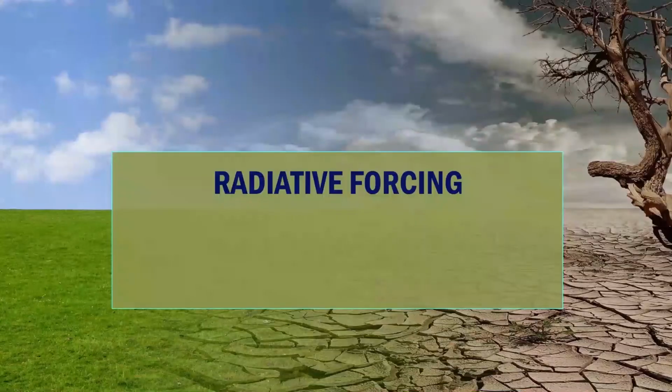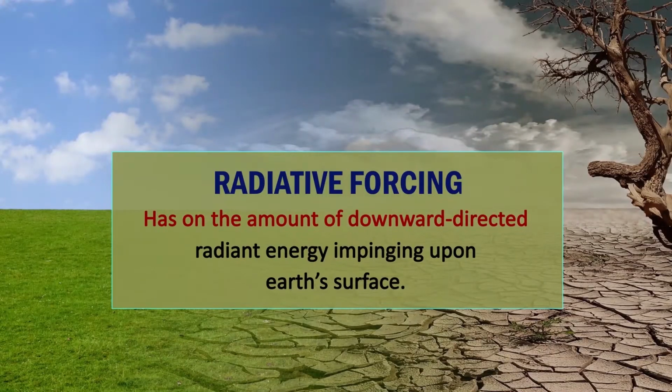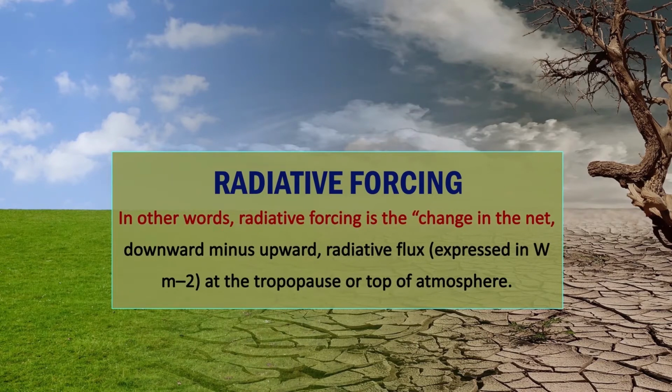The Intergovernmental Panel on Climate Change defines the radiative forcing concept as a measure of the influence a given climatic factor has on the amount of downward directed radiant energy impinging upon the Earth's surface. In other words, radiative forcing is the change in the net downward minus upward radiative flux, and it is expressed in terms of watts per meter square at the top of the troposphere, which we call TOA, or the tropopause.